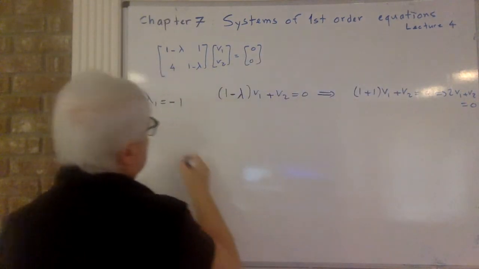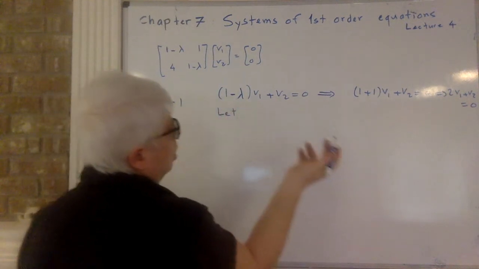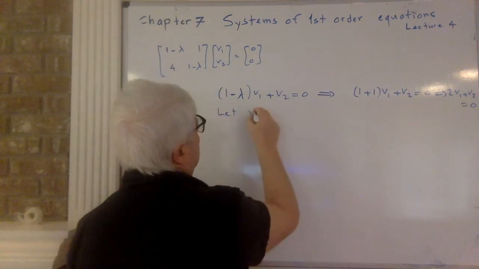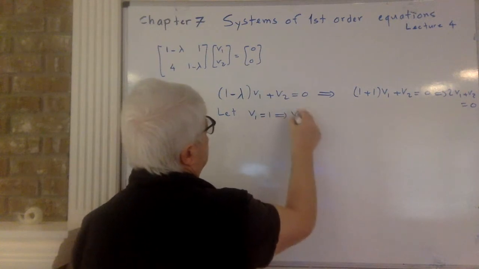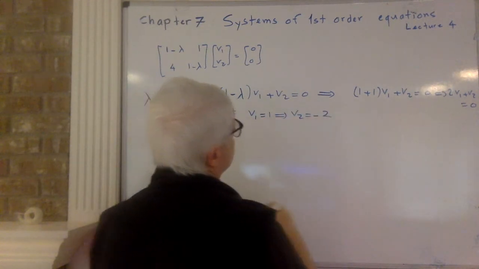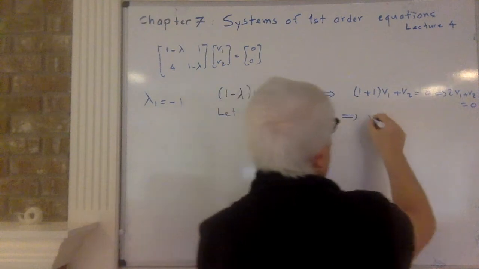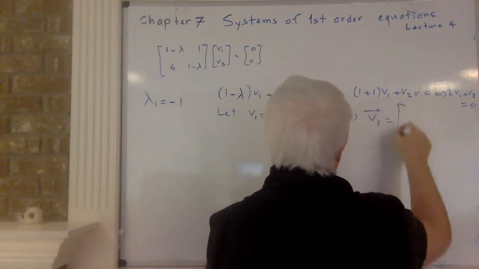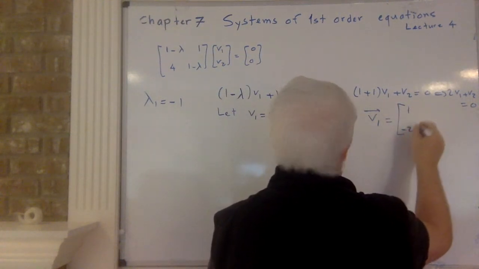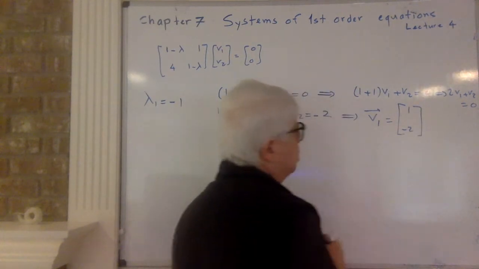Okay, so if I let V1 be 1, then V2 is negative 2. So this gives me the eigenvector. The vector is in fact 1, negative 2. So, yeah, 1, negative 2.